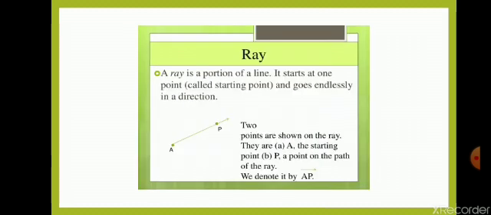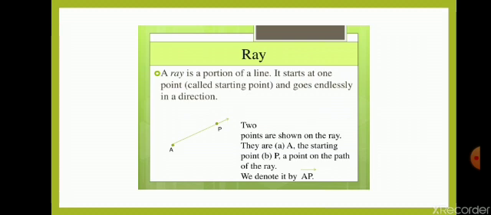Okay. Third is ray. What is a ray? A line segment that extends endlessly in one direction is called a ray. Another definition: a ray is a portion of a line. It starts at one point and goes endlessly in a direction.